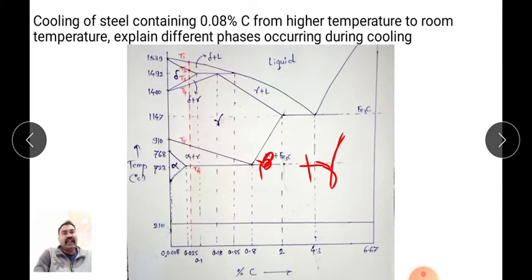At T2, point number 3, at T2 the complete formation of delta ferrite will take place, and hence in between T2 and T3 we will obtain the delta ferrite in solid phase. Then the next point, point number 4, at T3 the formation of austenite will start, and it will be completed at T4.